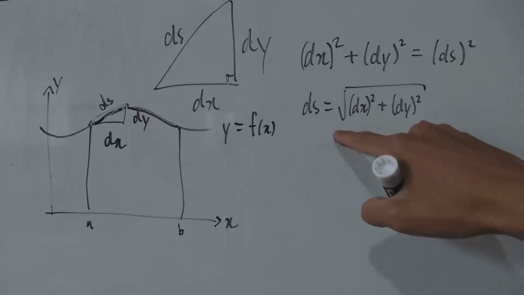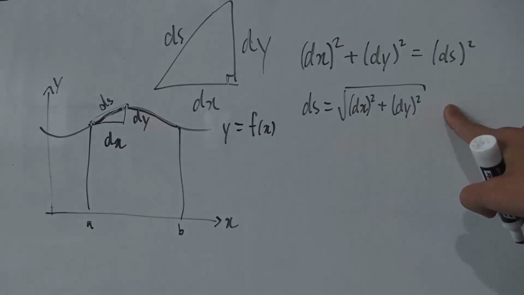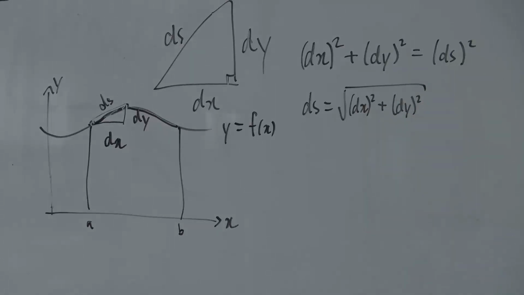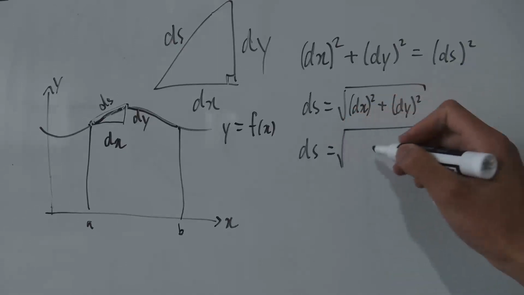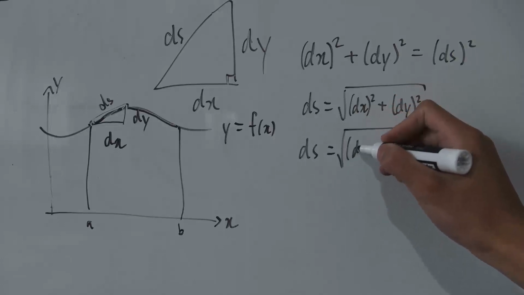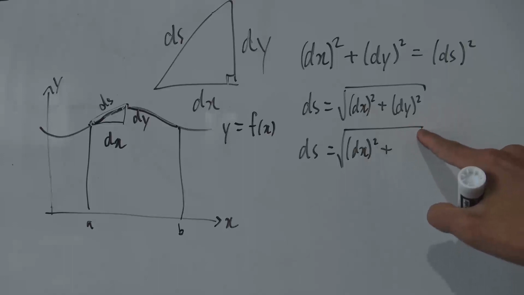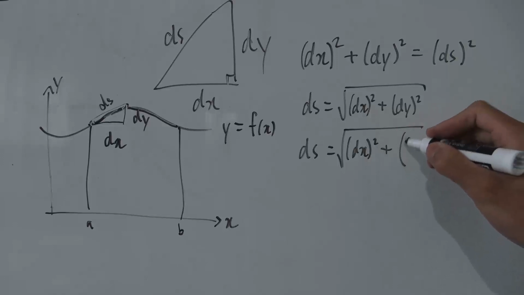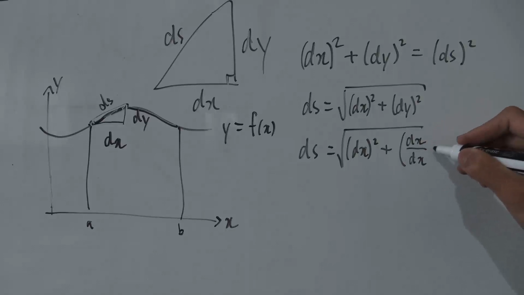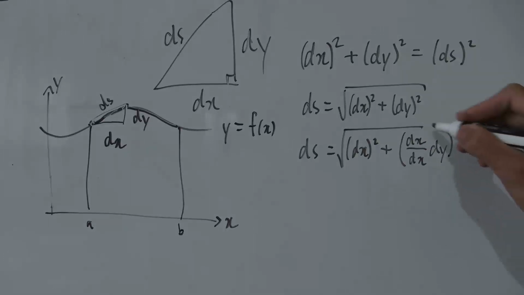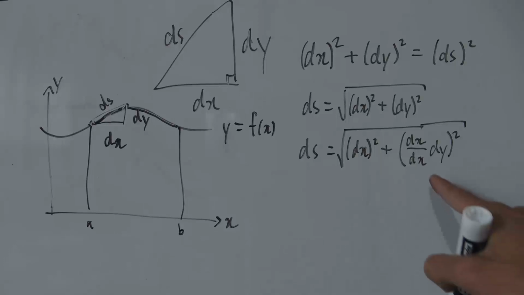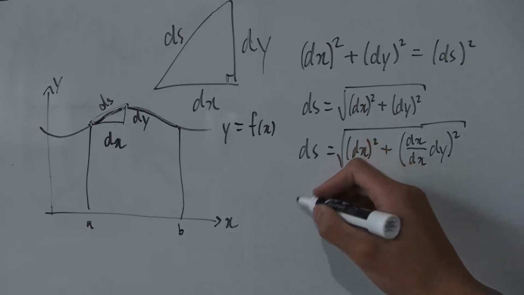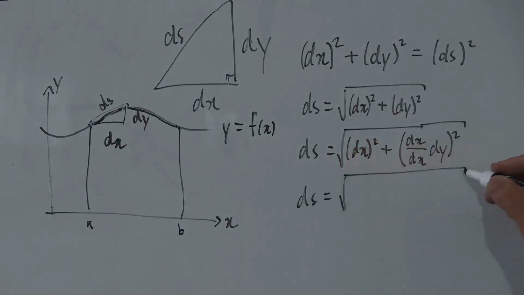The idea now is to somehow get a factor of dx out here so we can actually integrate this. I hope you agree with me that ds is also equal to the square root of dx squared in here, and I'm going to modify this dy a bit. I'm going to multiply it by dx on dx, and then attach a dy there, all squared. This is just like saying 1 times dy, so nothing changes. Since this is a fraction, we can rearrange it a bit as we can with other fractions.